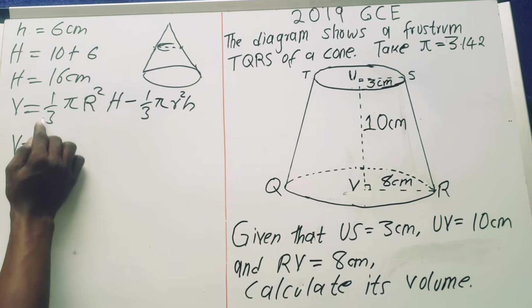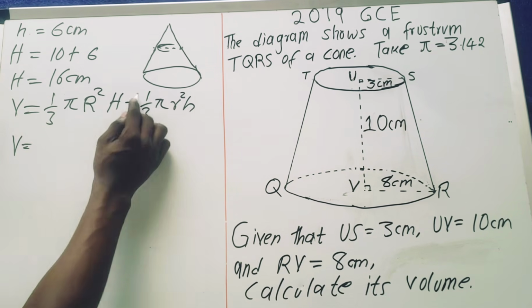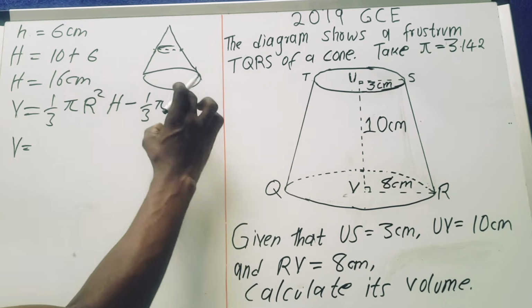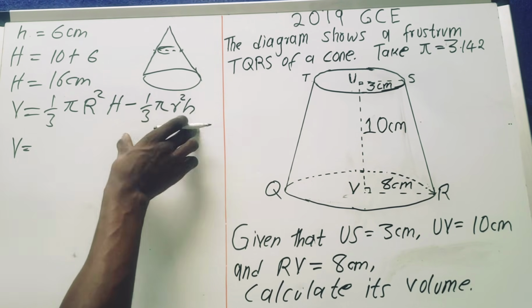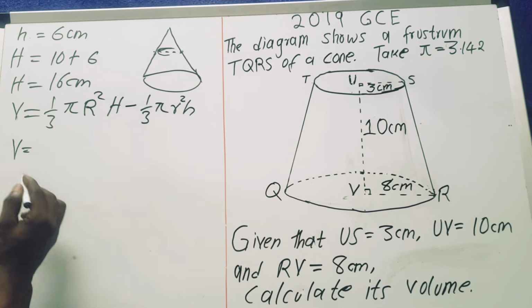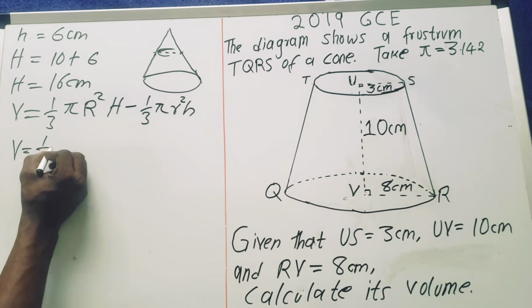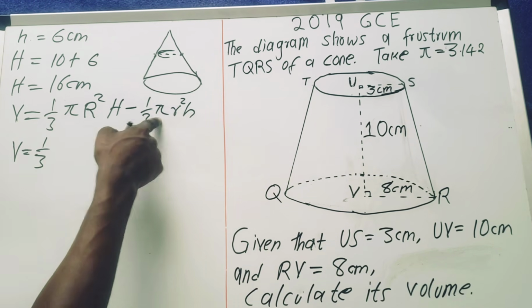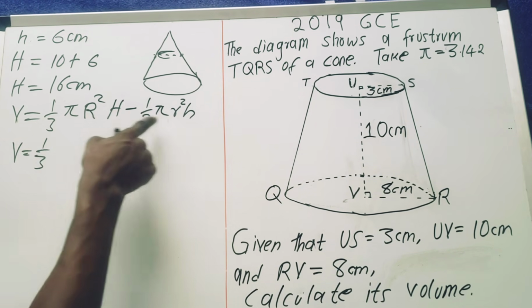You see what is common here: we have 1 over 3 even here. If you don't want to, you can substitute all these letters with their values and continue. It will still give you the same answer. But 1 over 3 is common, and pi is also common.